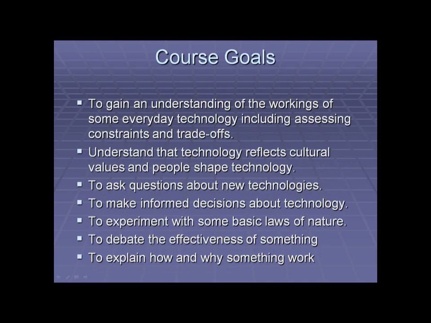So the course goals: to gain an understanding of the workings of some everyday technology, including assessing constraints and trade-offs. Understand that technology reflects cultural values and people shape technology.